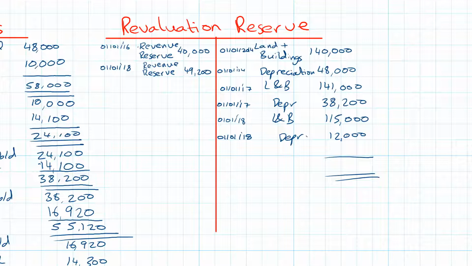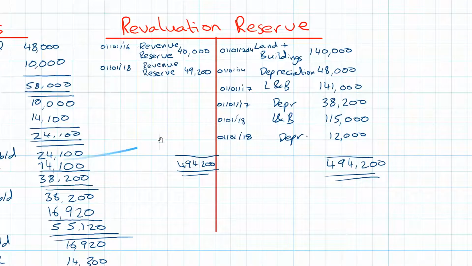And then revaluation reserve. So there's a lot here that we need to add up. So 12,000, 15,000, 38,200, 141,000, 48 and 140. So 494,200. So that's how much we kind of revalued everything by, not including what we've gotten rid of.